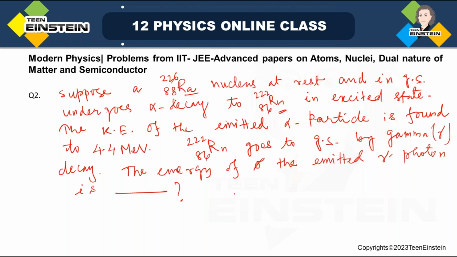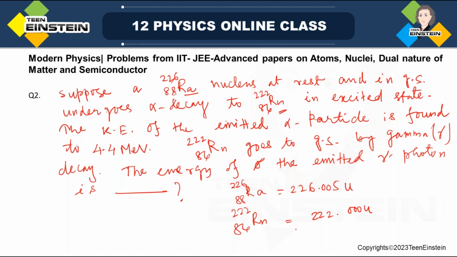So what are the parameters given? The atomic mass of the original radium is given as 226.005 atomic units. Then the atomic mass of radon is also given, that is 222.000 u.